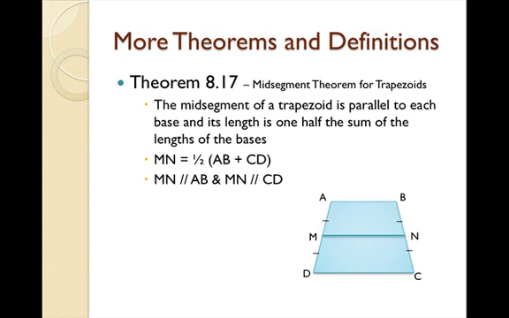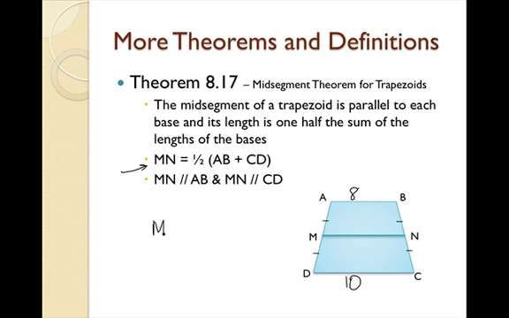So let's take an example here. Let's say we are given that AB has a length of 8, and CD has a length of 10. From our theorem, we know that MN equals 1/2 the length of AB plus CD, so we can figure out its length.